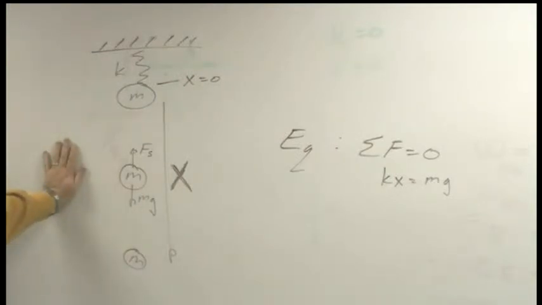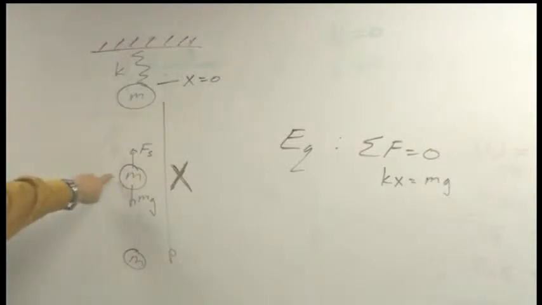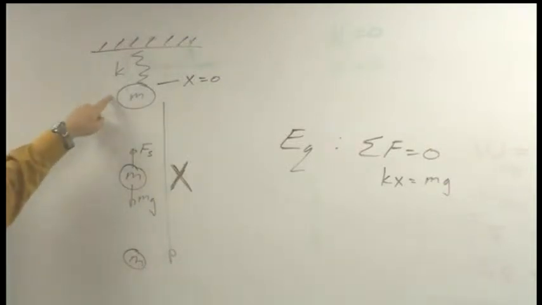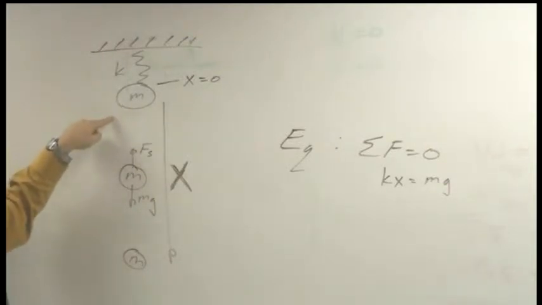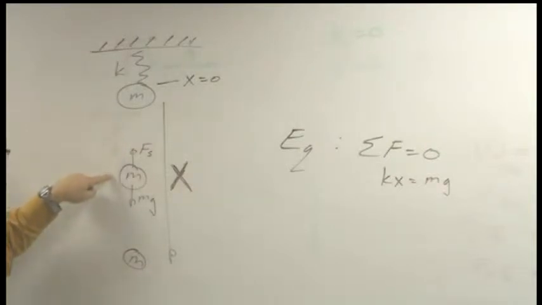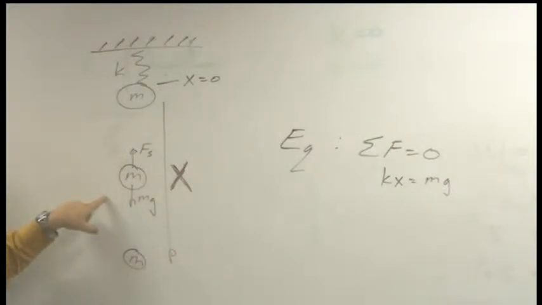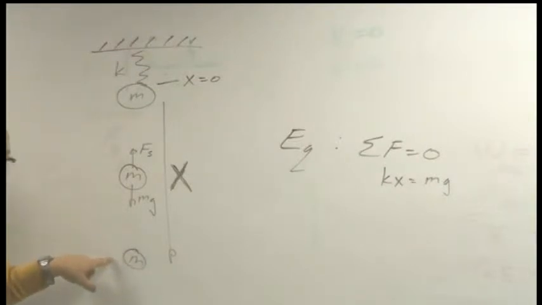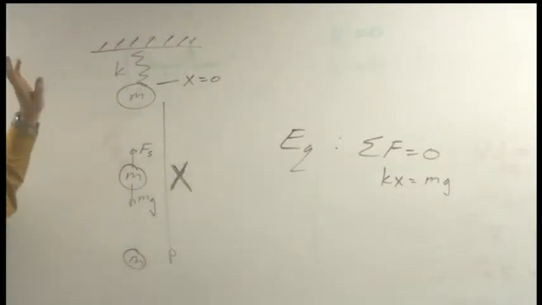Where will this thing be moving the fastest? Middle, right here. Because it's speeding up due to gravity, speeding up due to gravity, until it stops speeding up because now the spring force is equal to mg. Once it gets past here, spring force is bigger than mg, so it slows down to a stop, turns around, and repeats on the way back up.